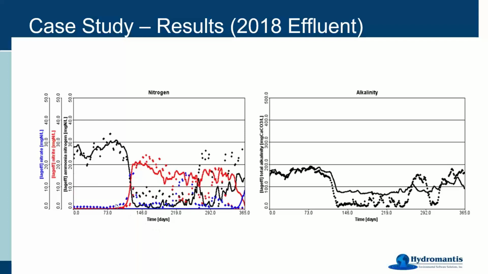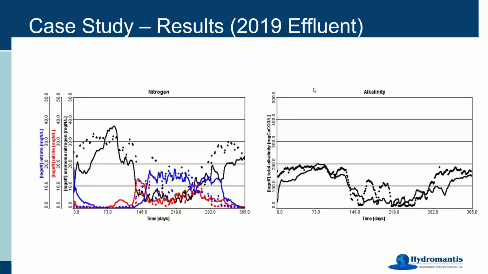However, the model failed to capture the spikes in the nitrate, and it overpredicted the denitrification, which can also be seen on this graph about alkalinity, since you can see there's a very high level of alkalinity in the summer.